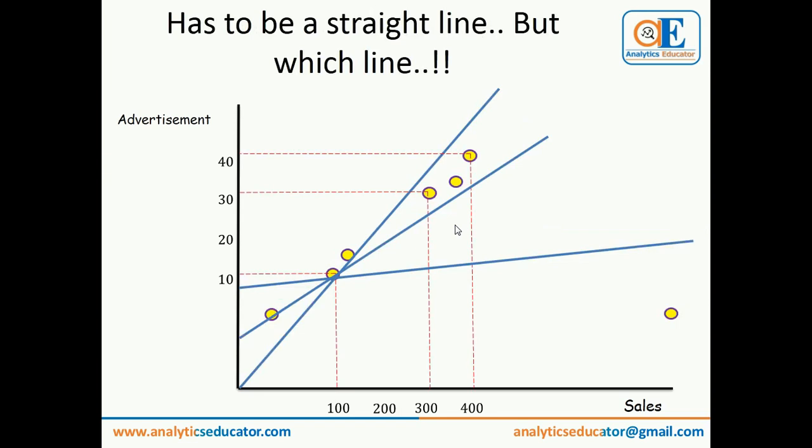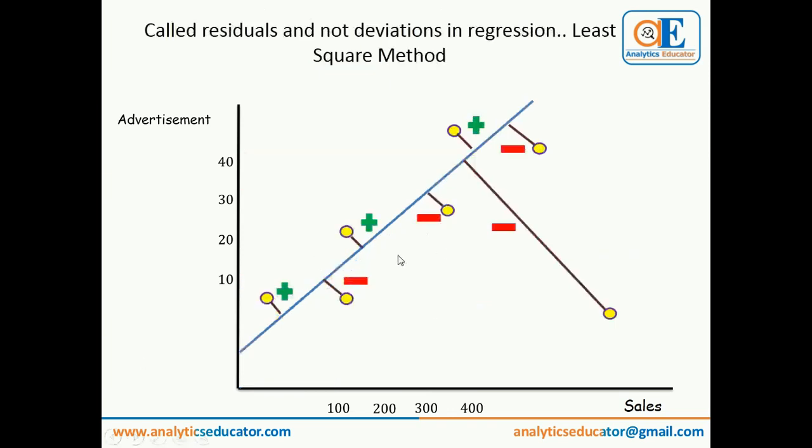From each line I will check the distance from this data point to this line. Okay, the shortest distance, that is the straight distance. If I draw a curve from here, that will be a long distance. So the shortest distance will be a straight line, which we call a perpendicular line. Okay, the closest distance.